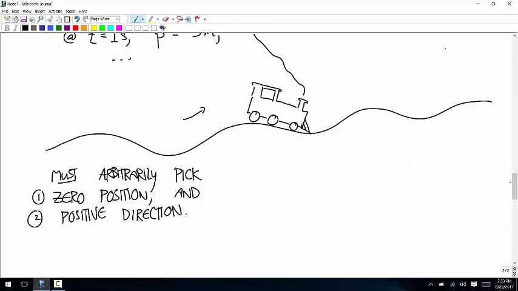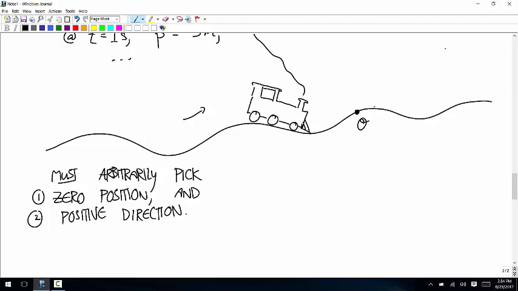So let's say that we're doing this in meters. Okay, so we already have distances defined, and let's say that we pick this point here. Maybe there's some landmark there or something, and we call that our zero. So our zero position, I'm going to write with a scripty O, like origin.